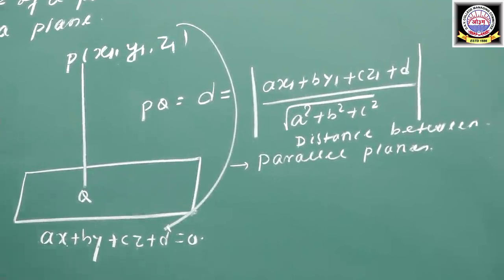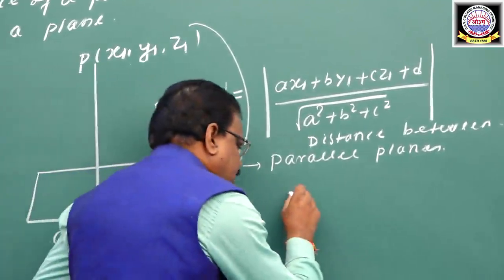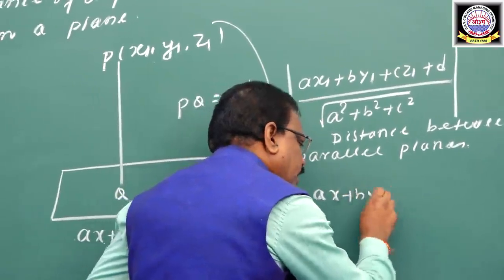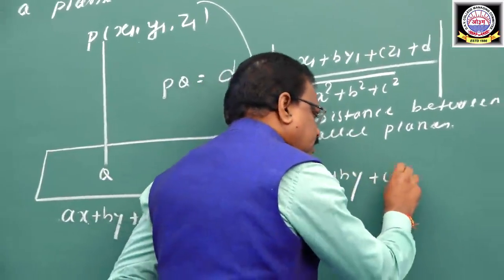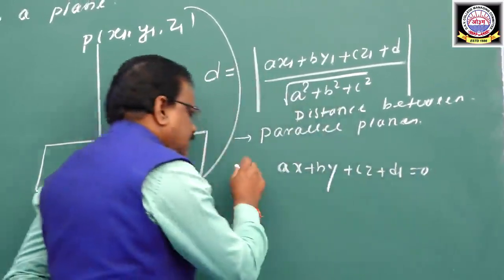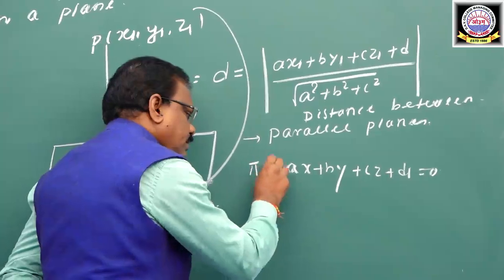Let us see. I am writing two parallel planes: ax plus by plus cz plus d1 equals 0, that is plane pi 1.